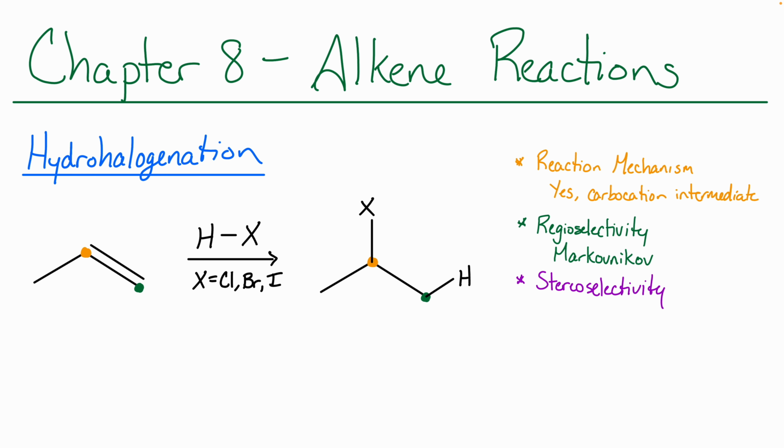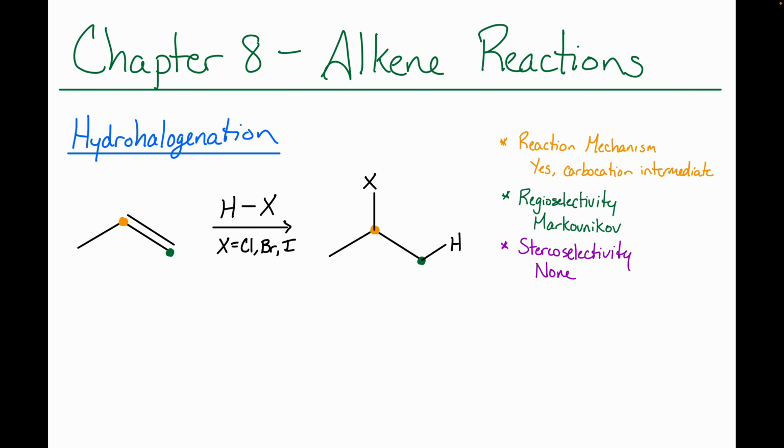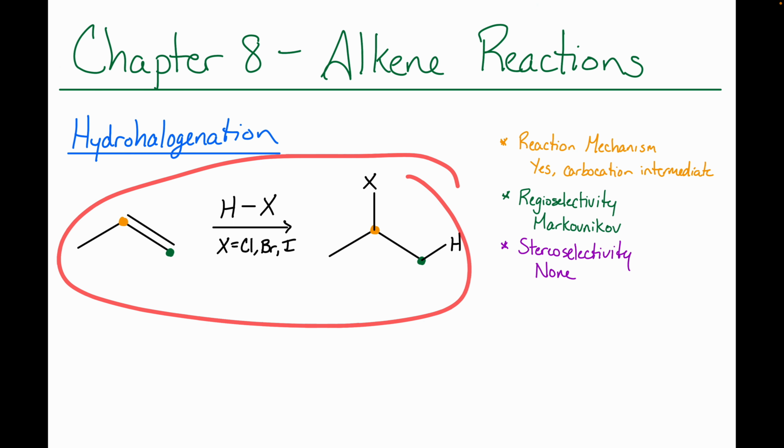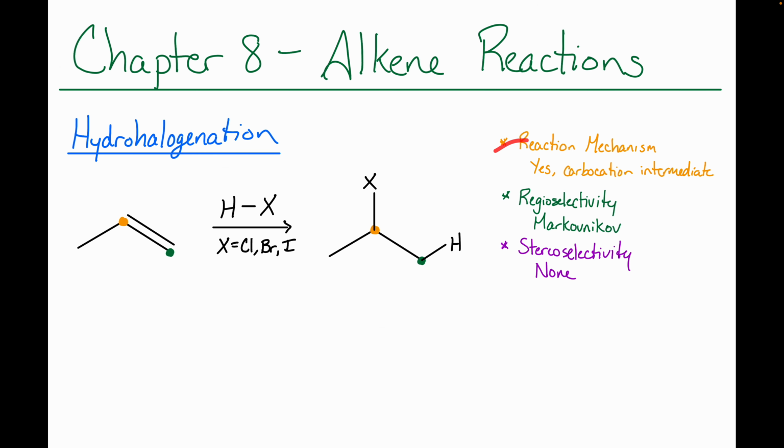So you're always going to get a racemic mixture, meaning this reaction does not have any stereoselectivity. We don't select any specific stereoisomer in our reaction. So this is this master list that I'm talking about creating. For each reaction, we're going to give a sample chemical equation here, and we're going to make note of these important features that we should know about these reactions.